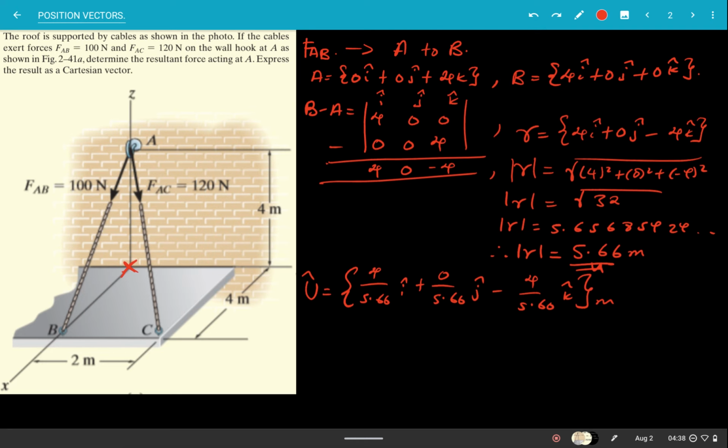So we say the force is equal to its magnitude times the unit vector.